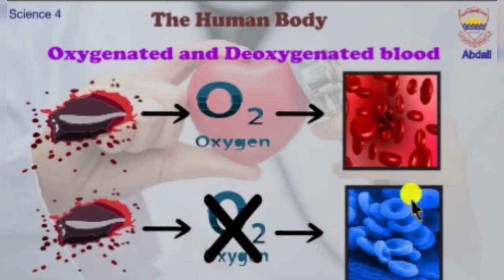As you can see, the oxygenated blood is in red color.